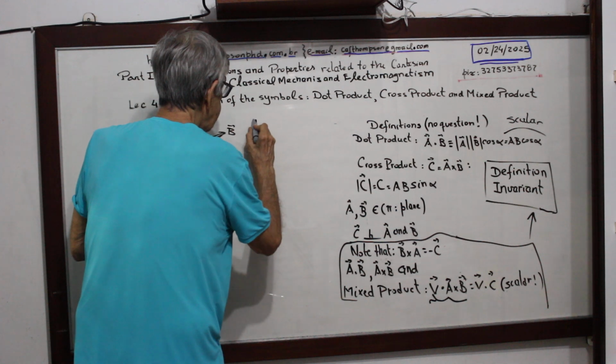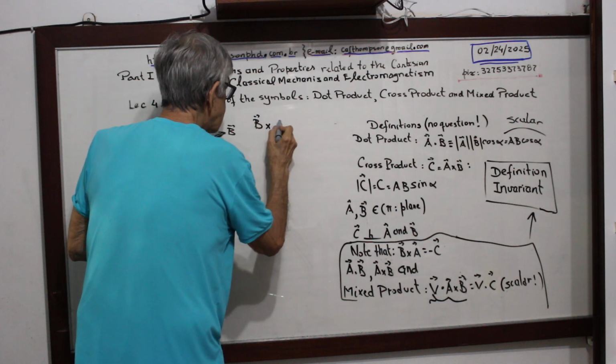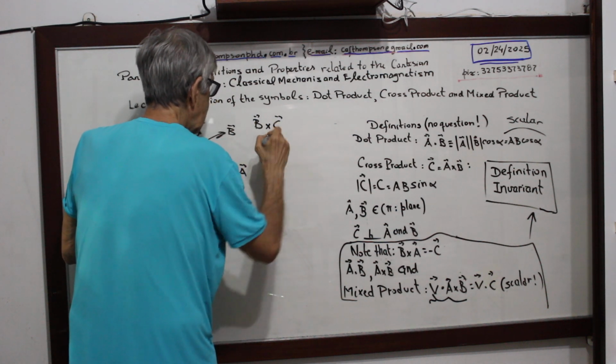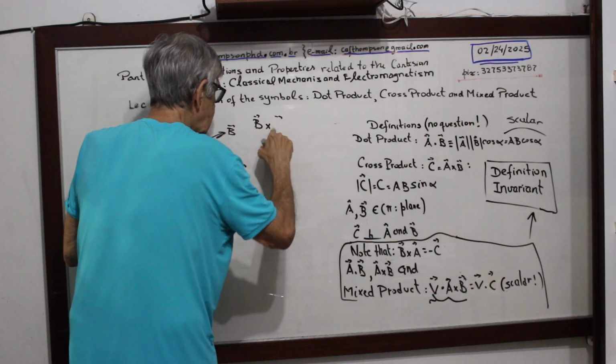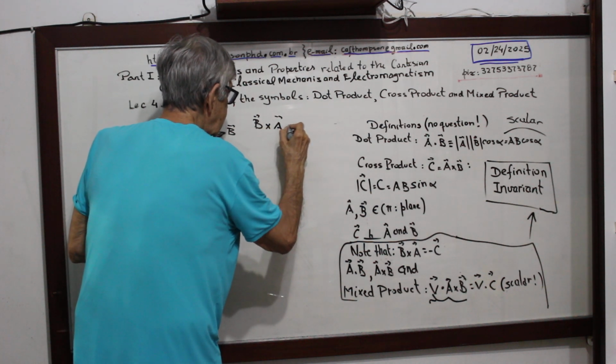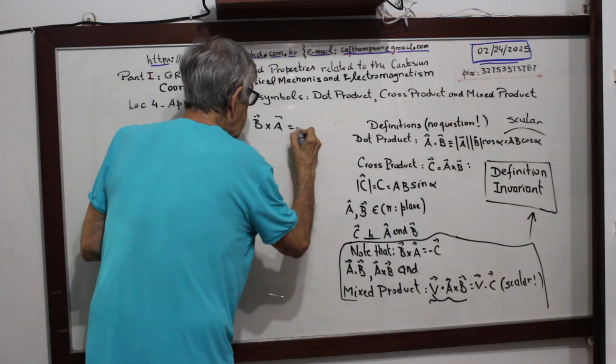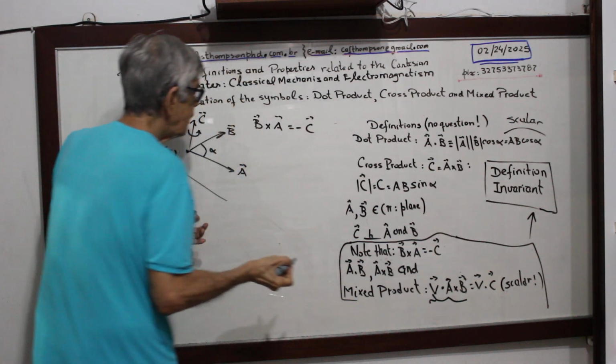That's why B cross C, I'm sorry, B cross A is the vector minus C, clearly.